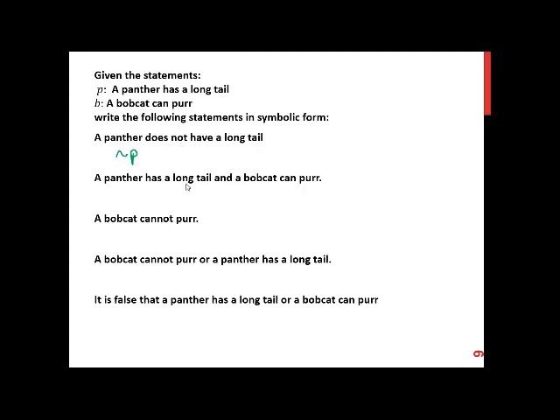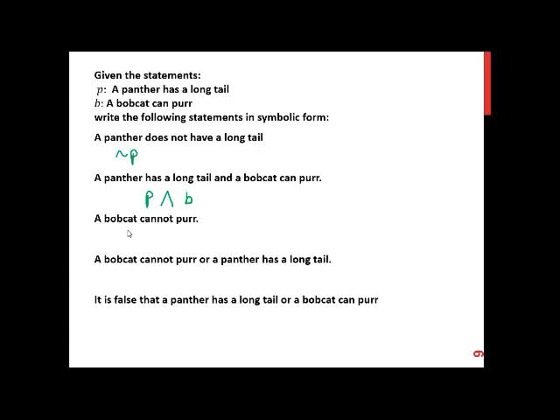Alright, a panther has a long tail and a bobcat can purr. Well, P is a panther has a long tail. Conjunction is the wedge for the "and," and B for a bobcat can purr. A bobcat cannot purr.